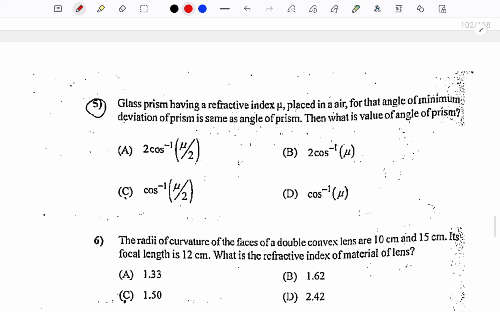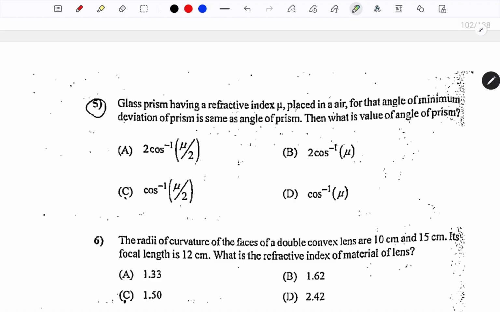Okay, now this question is very important, and I think it is a very good question in the syllabus. See now what happens: a glass prism having refractive index mu is placed in air. The angle of minimum deviation of the prism is the same as the angle of prism.